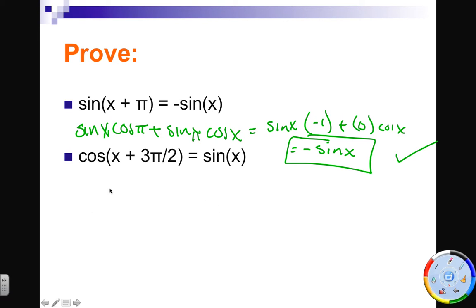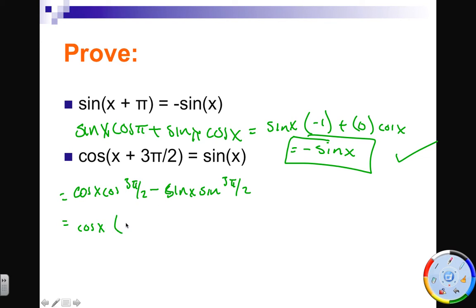All right, same idea for the next one here. Let's just use the cosine of a sum. So cosine x, cosine 3 pi halves, minus sine x, sine 3 pi halves. And you look here and you go, okay, well, cosine of 3 pi halves is 0.